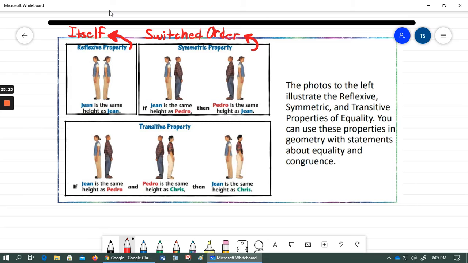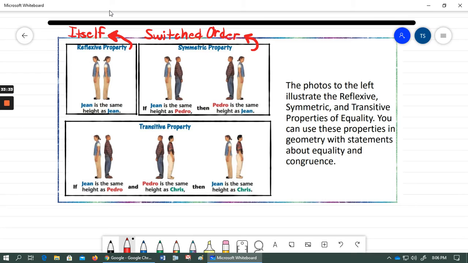Of course, guys, as I've mentioned before, if it's comparing three values, then it would be equality, and those values are equal to each other. Like these three guys' height here.